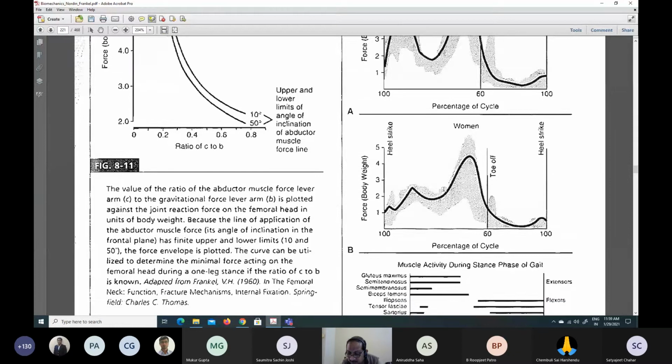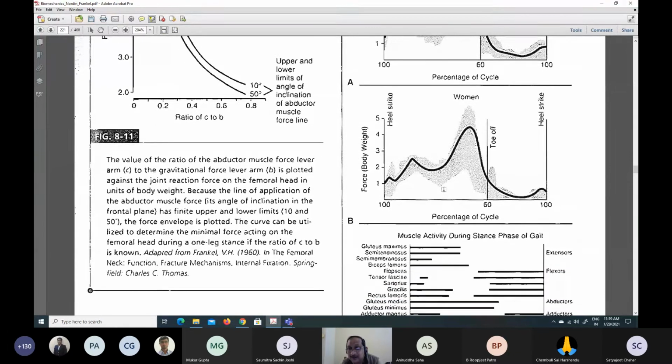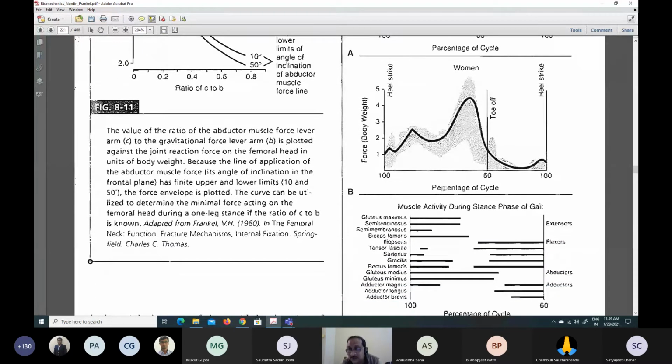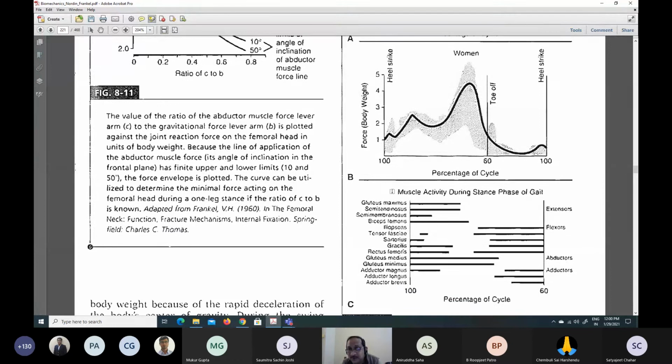And C shows the activation of different muscles during the gait cycle.